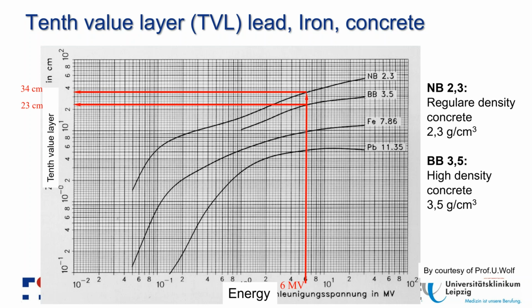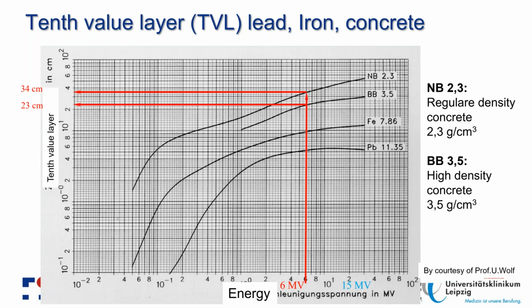Yeah, you see here the 6 MV. For 6 MV, we have a tenth value layer for the rough calculation. We have a tenth value layer of 23 centimeter of regular density concrete, and we have a regular density concrete of 34 centimeter, and we have a high density concrete tenth value layer of 23 centimeter.